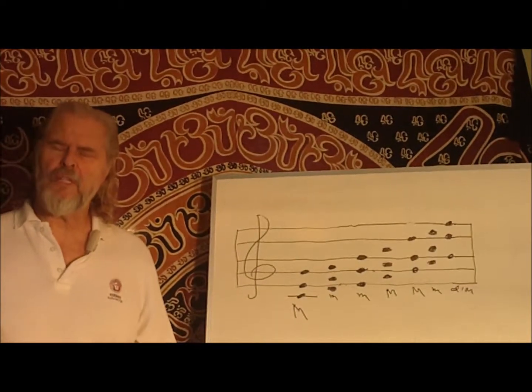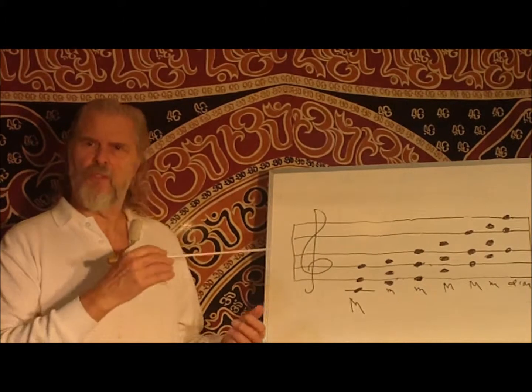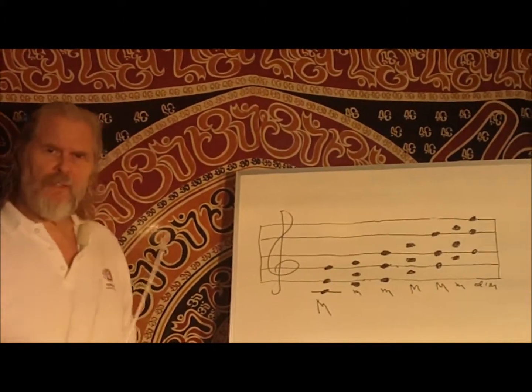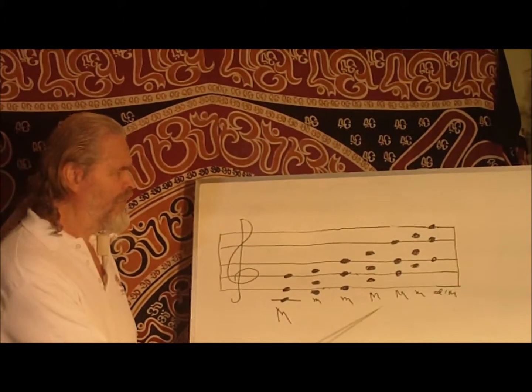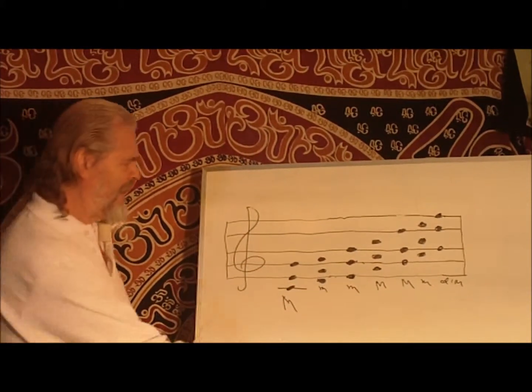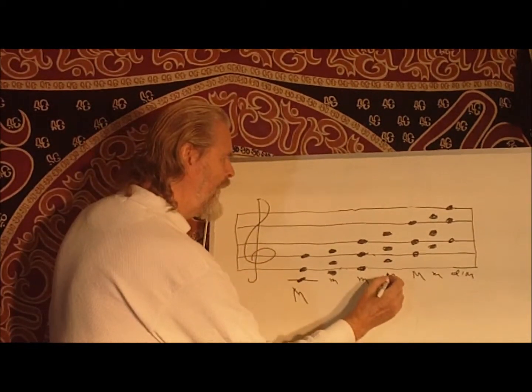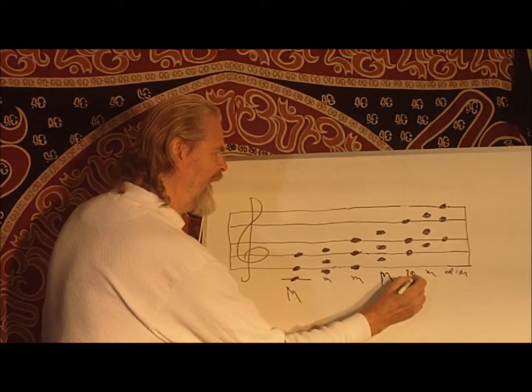Okay, now we're going to look at the order of these chords, major and minor. We end up with 3 major chords, 3 minor chords. Now you can't quite tell here, can you? 3 major chords. I'll make these big M's.